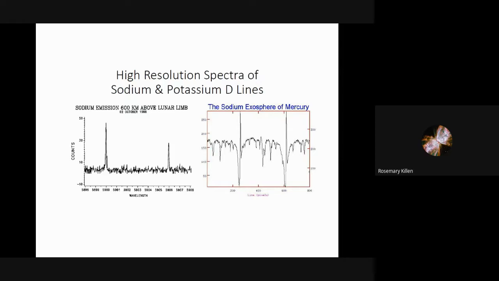A lot of different factors go into the lifetime of the particles in the atmosphere. In order to model the exosphere, you need to take into account both the sources and sinks and how they vary between different species. They do vary quite a bit among the different species.